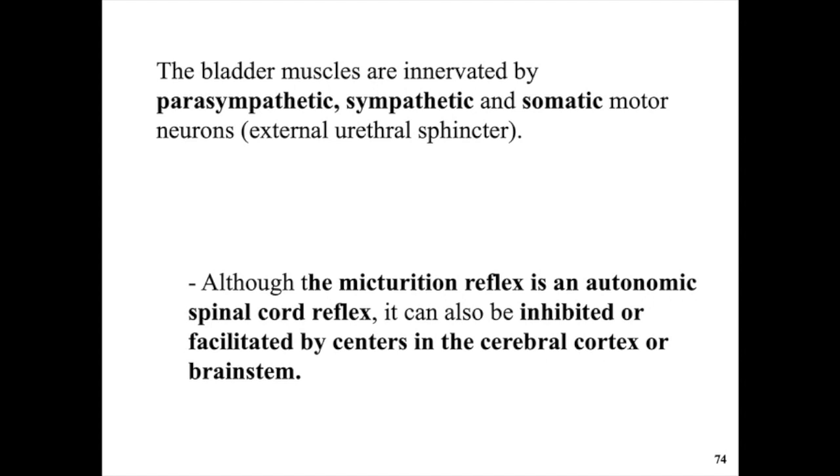So if we focus just on the spinal cord, we can think about the spinal cord nerve that innervates the external urethral sphincter, the parasympathetic neurons that innervate the urinary bladder, and the sympathetic neurons that innervate the urinary bladder. But then again, you know that parasympathetic and sympathetic may also be influenced by substances, drugs, but also epinephrine and norepinephrine that are produced by the adrenal medulla.